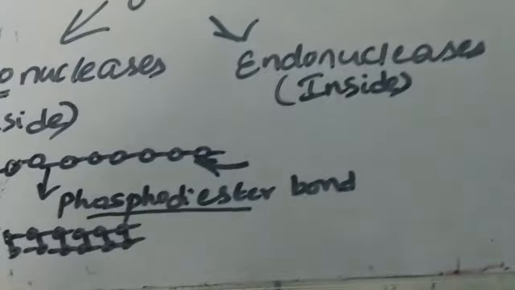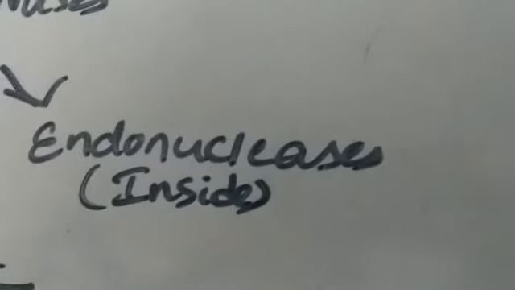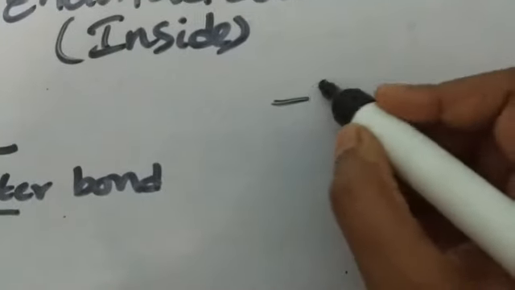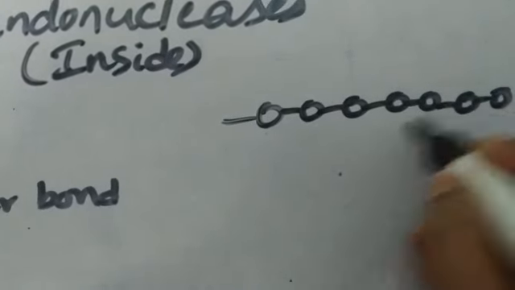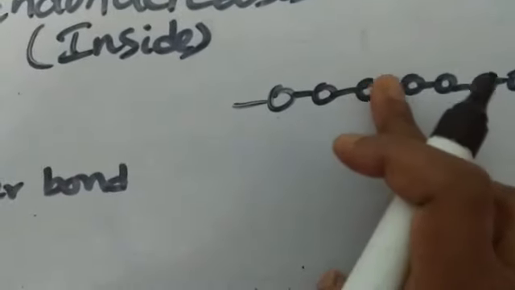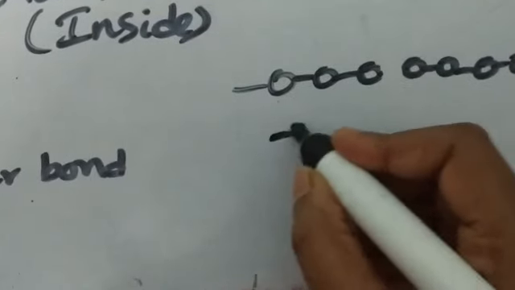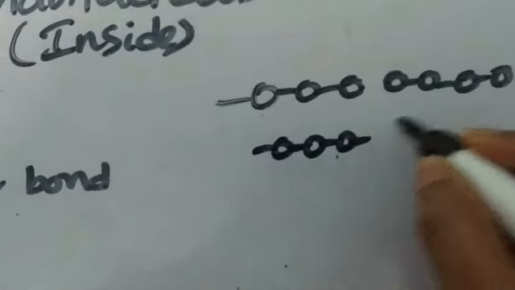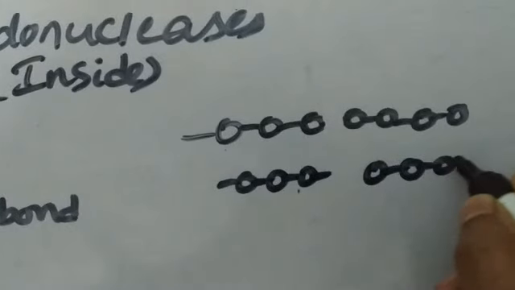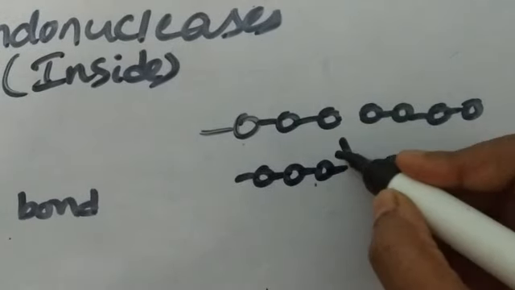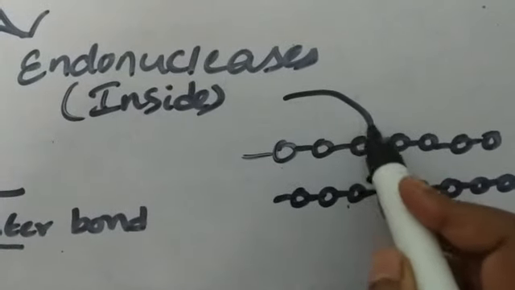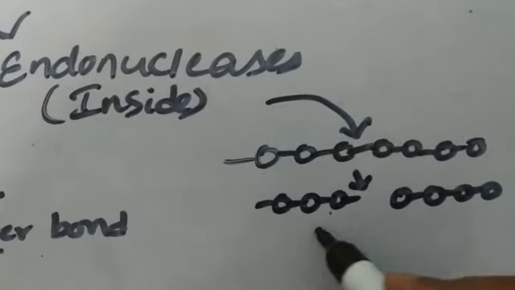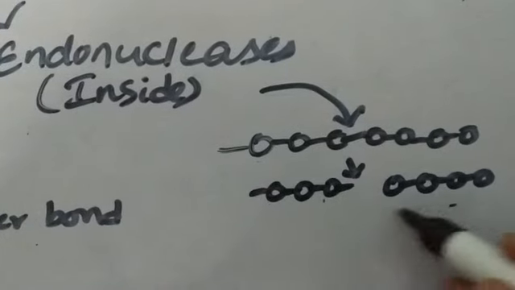Whereas endonucleases are the opposite of exonucleases. They can break the DNA molecule anywhere in between. Supposing here. So what has happened? You have two strands of DNA. Now this was attached here. The endonuclease attacked this phosphodiester bond. This got broken, and you have two pieces of DNA.